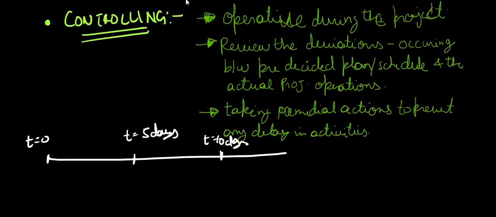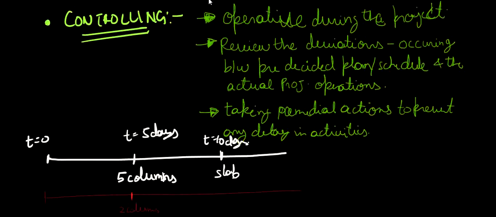Our schedule was that at t equals 5 days, 5 columns would have been casted, and up till the 10th day the slab must have been casted. But the actual progress made is that on the 5th day, only 2 columns have been casted.